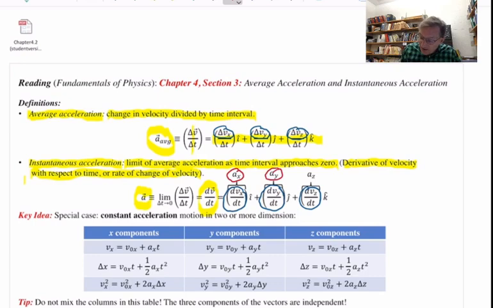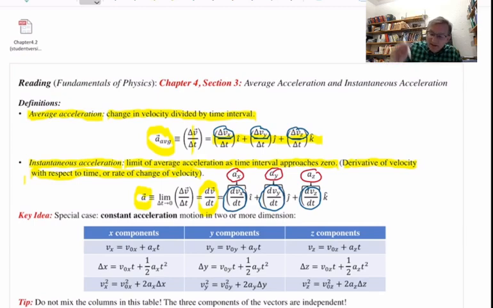And the derivative of the z velocity with respect to time, dvz dt, is the z component of the acceleration. Every vector must be treated separately by its components, x, y, and for full three-dimensional motion, z. So we're just going to be applying these definitions to objects moving around in 2 or 3 dimensions.